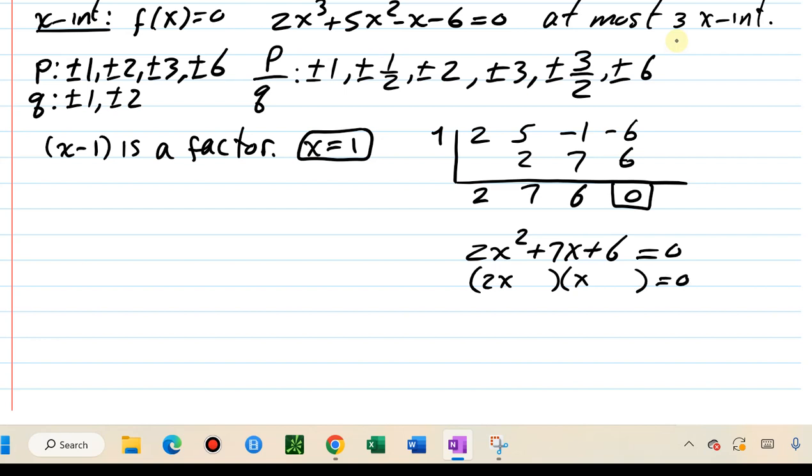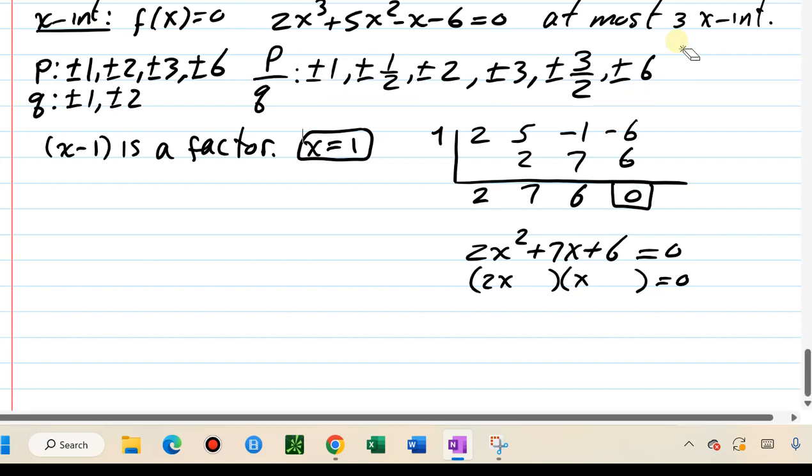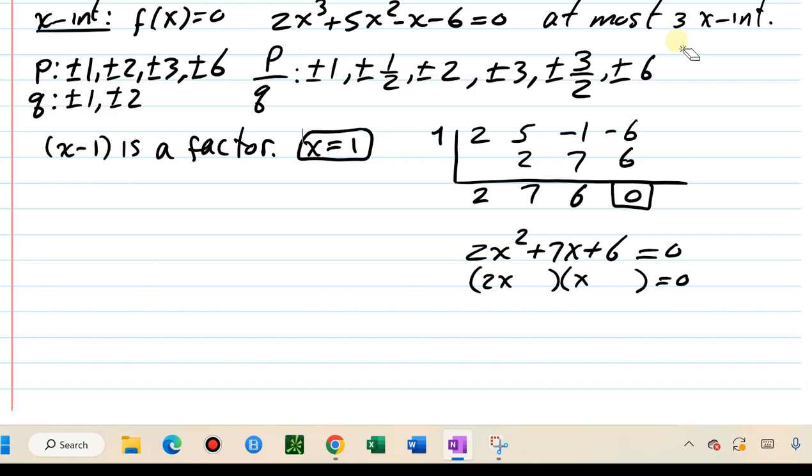Because if the solutions are irrational, then this list is not going to help me much. So in a way, it's like I wasted my time, and I still haven't found the zeros because they happen to be irrational, like square root of 2, square root of 7, something like that. So it's a safe bet to solve the quadratic equation rather than trying those other potential zeros.